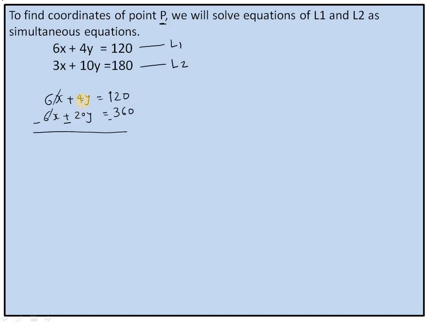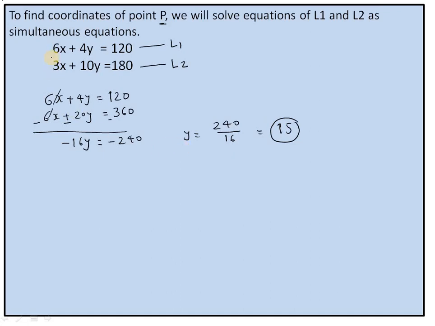Minus 20 plus 4 will be minus 16y is equal to 120 minus 360, which is minus 240. So y will be 240 upon 16. The minus cancels, and I get y as 15.